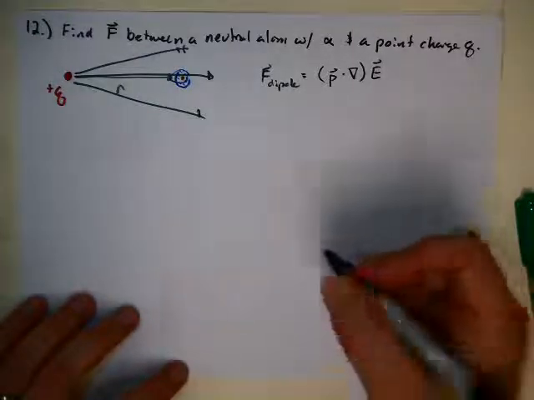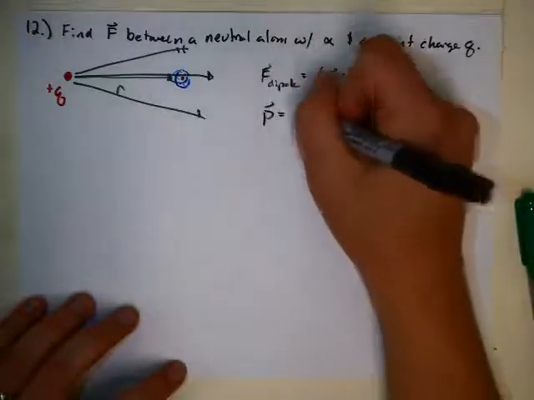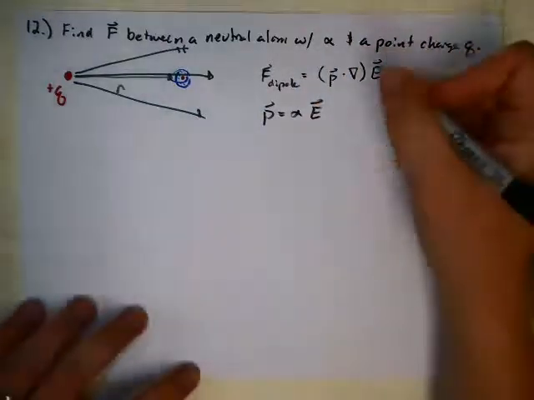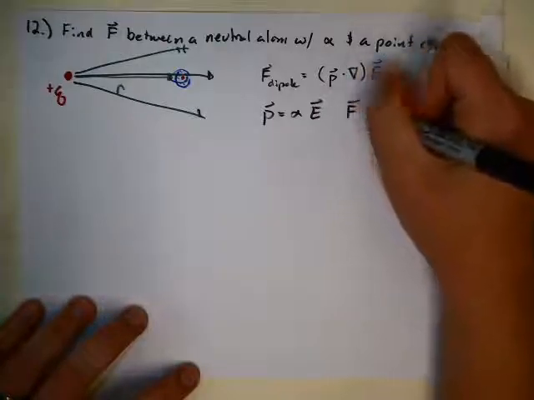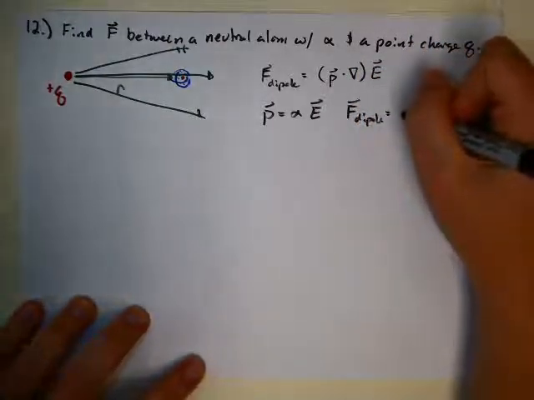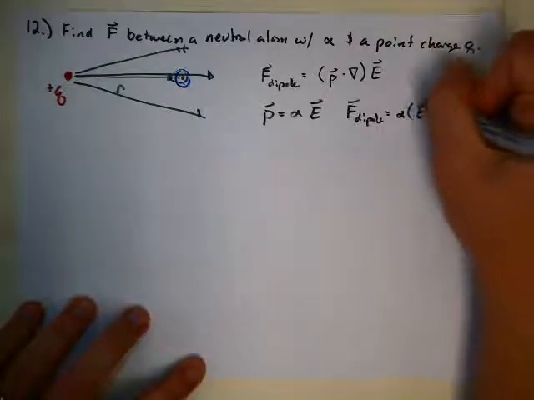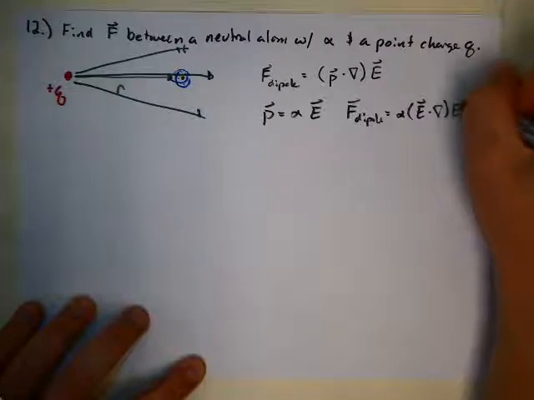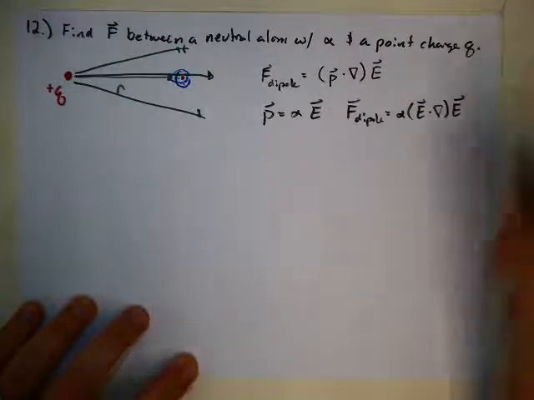The polarization, right? If we have polarizability alpha, is simply alpha times the electric field. So plugging that in, it says that the force on the dipole is alpha times the electric field dot the del operator acting on the electric field.